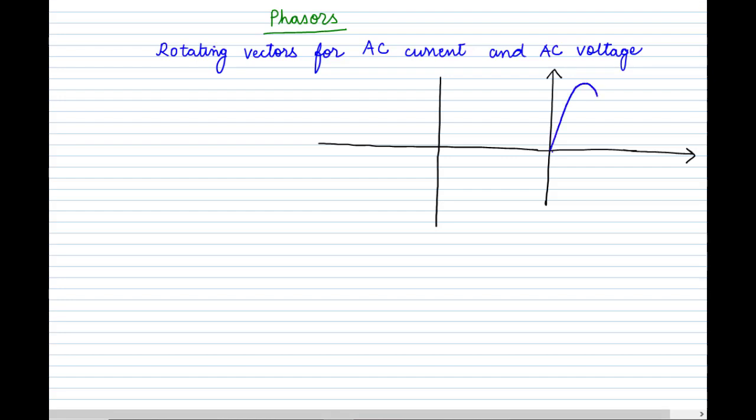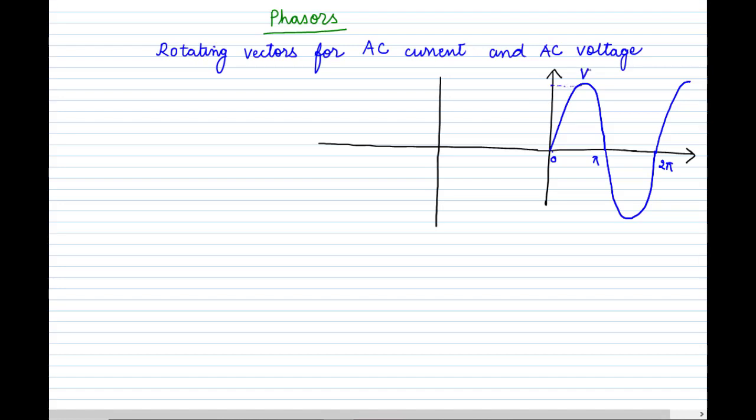It goes up to the maximum and then comes to 0. Then from pi to 2 pi it goes to the maximum negative and then comes to 0. So this is 0, this is pi and this is 2 pi, a complete cycle, and after this it goes on repeating. So this is our voltage.